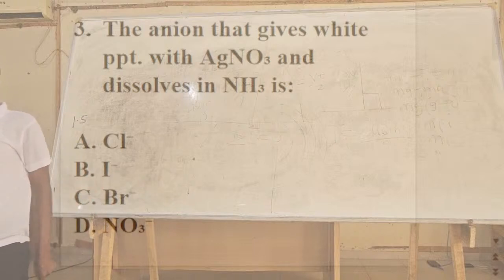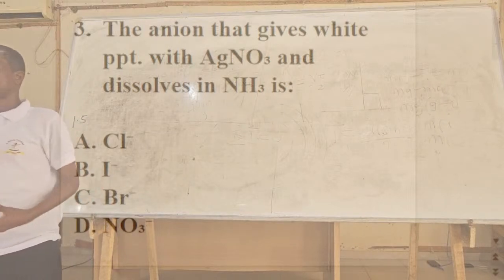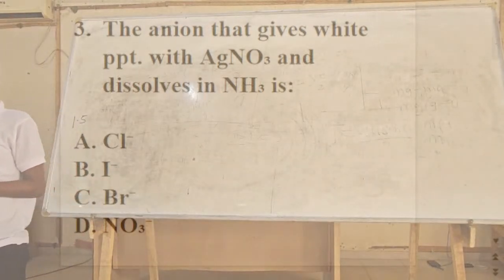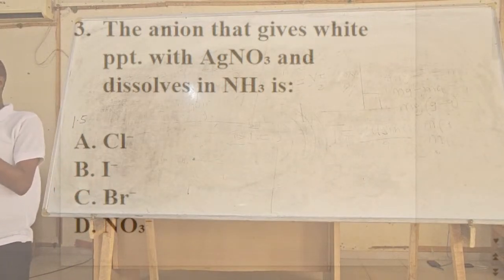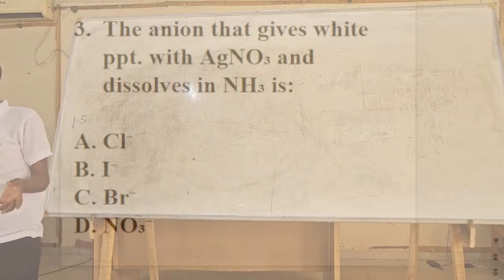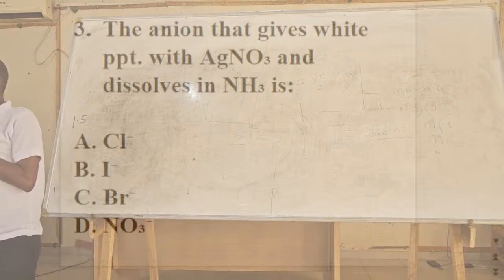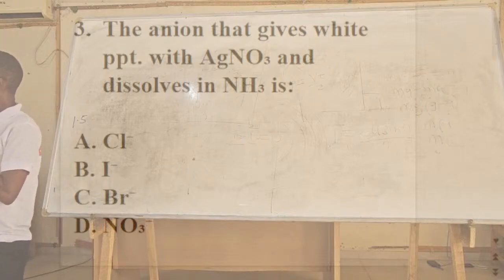If you want to test for iodide ion, you can use the same method. You can add AgNO3 to that particular substance. After that, you add dilute HNO3, and then a pale yellow precipitate will be formed in the case of a bromide ion.